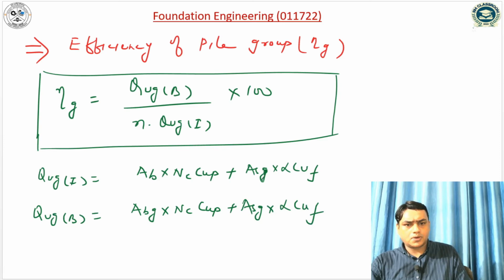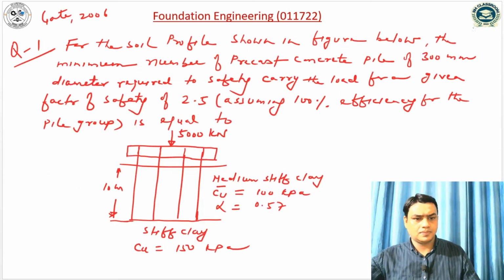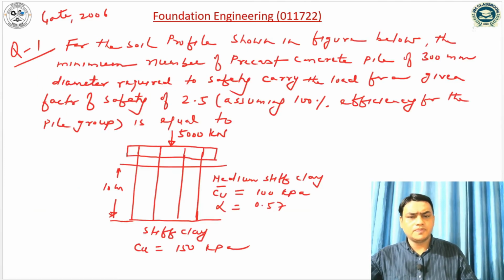Here ASG is the surface area of the pile group, and AS is the surface area of an individual pile. With the help of that we can compute the efficiency of the pile group. So let us take one problem.